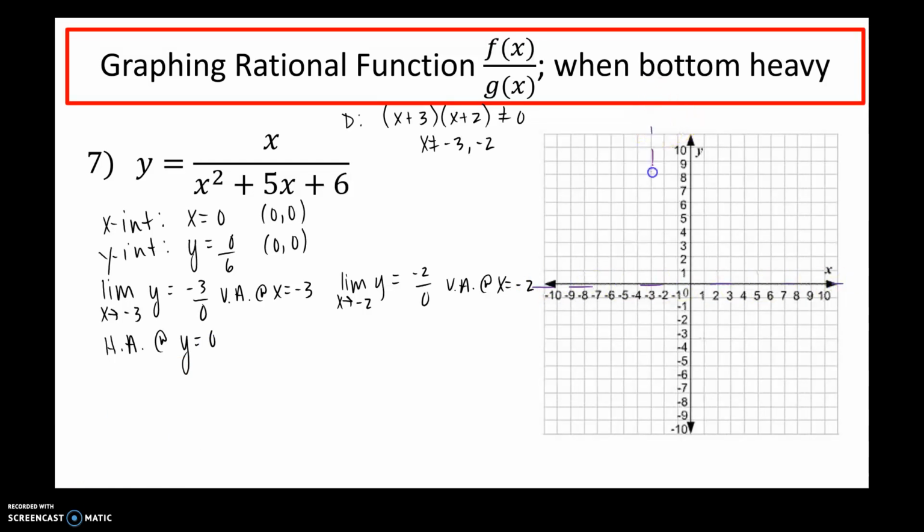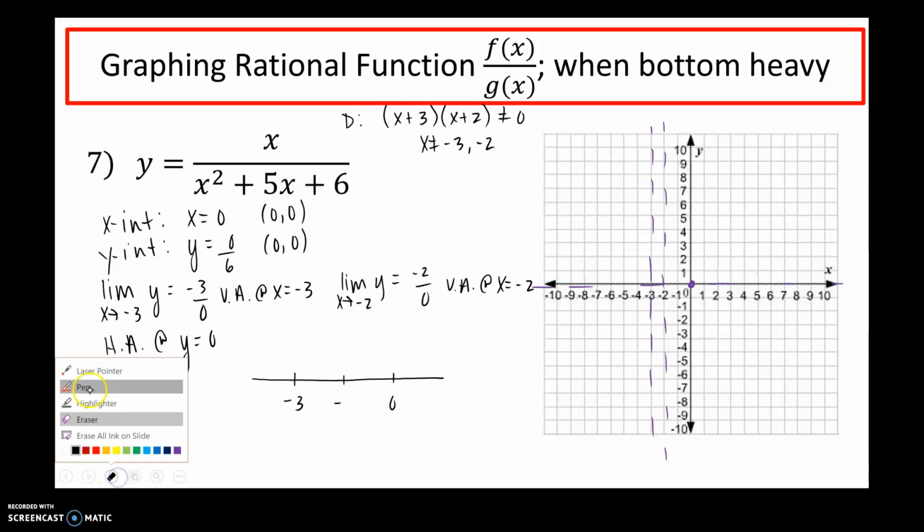So negative 3, negative 2, x and y intercept at 0, 0. Asymptote at negative 3, at negative 2, intercept at 0. So those are the values that go on my sign analysis.